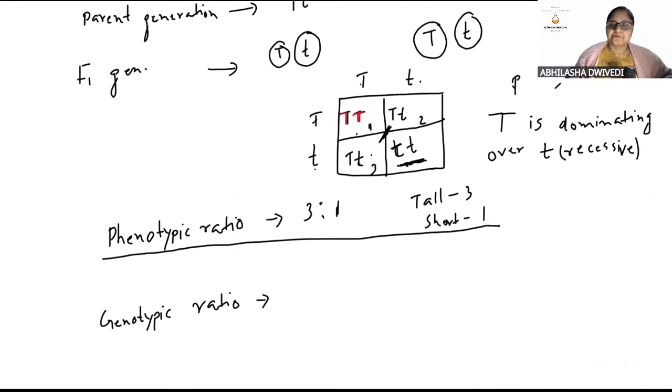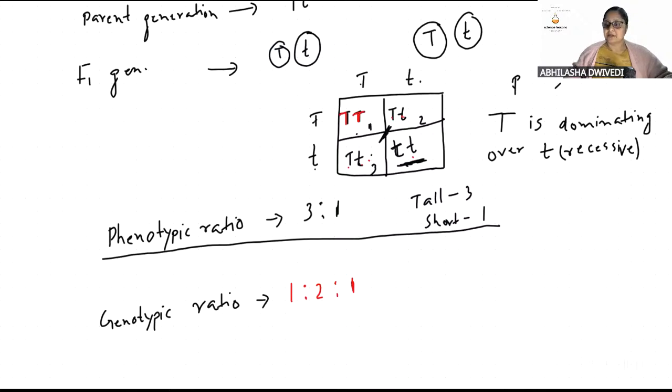That is 1. Now, 1 dominant, 1 recessive, and 1 dominant, 1 recessive. So together that is 2. And this one, both are recessive. So again, such a plant is just 1. So genetic makeup wise, this is just 1. That is called the genotypic ratio.